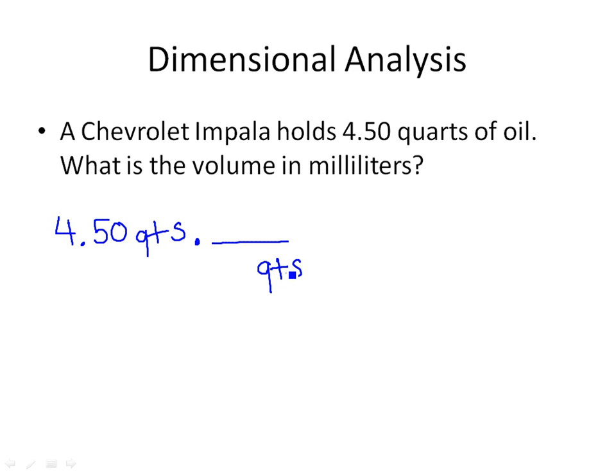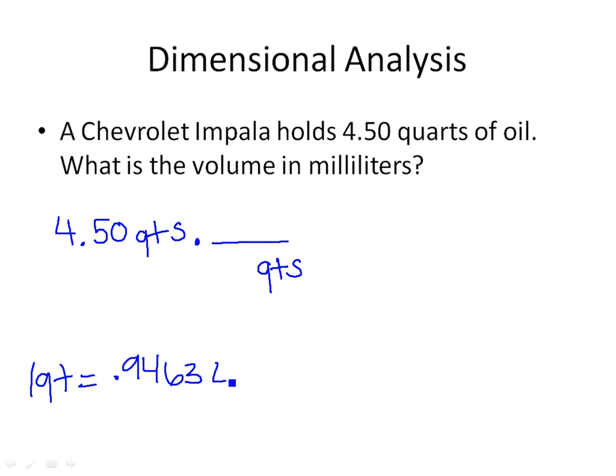But when I do this, and sometimes there's more than one way that you can work the problem, what I see is that 1 quart is equal to 0.9463 liters. So 1 quart is equal to 0.9463 liters.